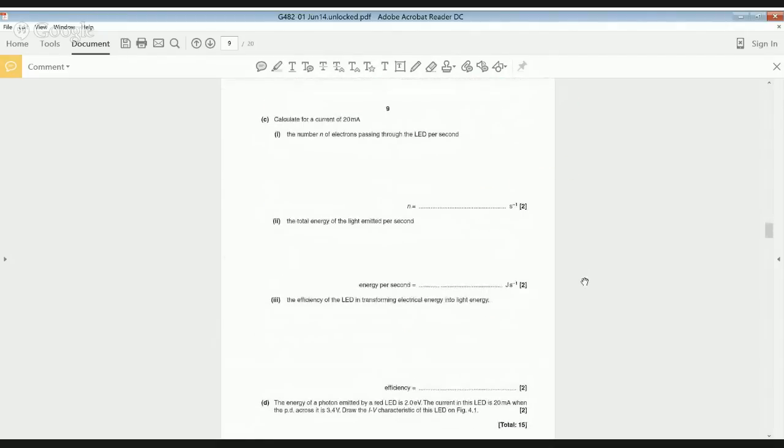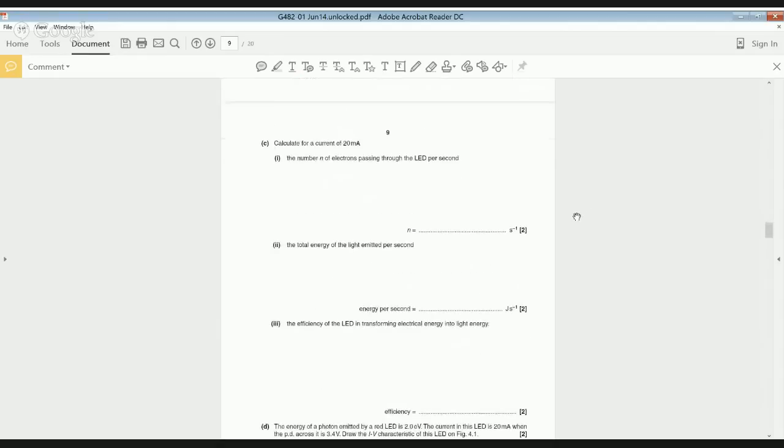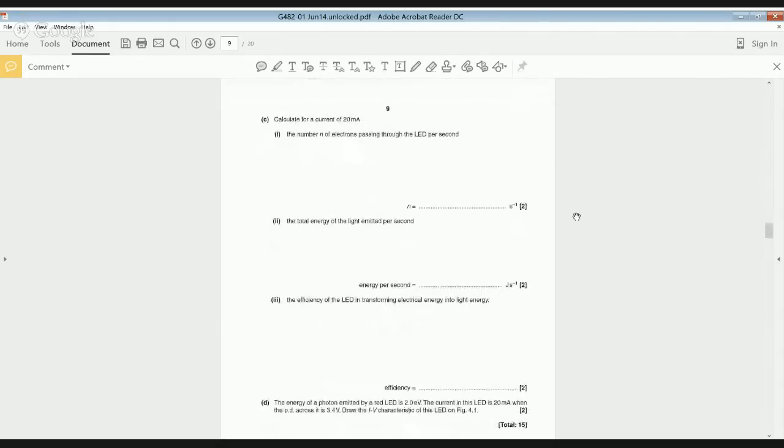After that brief look at photon science, let's have a look back, consider some electrons again. So calculate for a current of 20 milliamps the number n of electrons passing through the LED per second. So 20 milliamps, remember that current is charge per second.